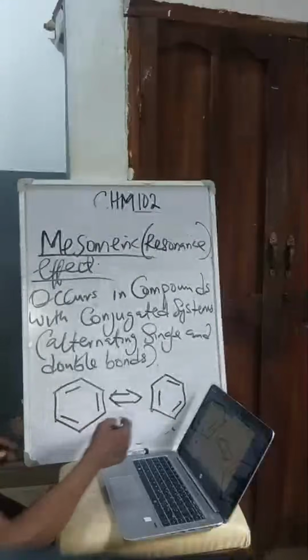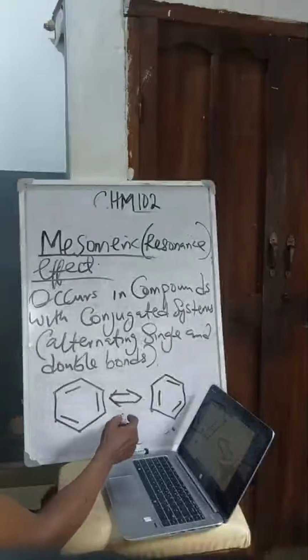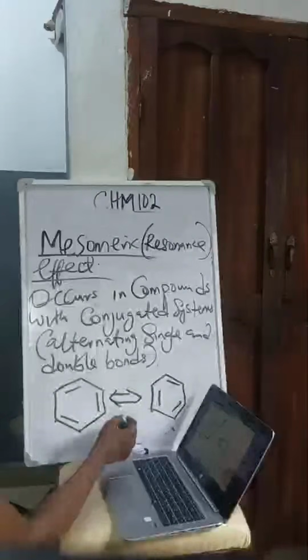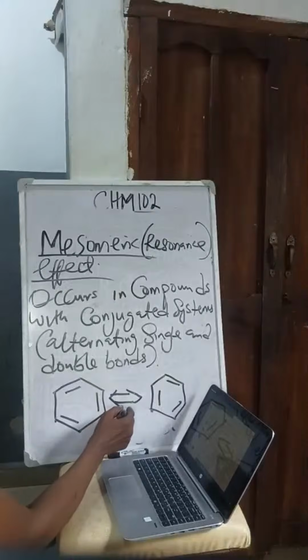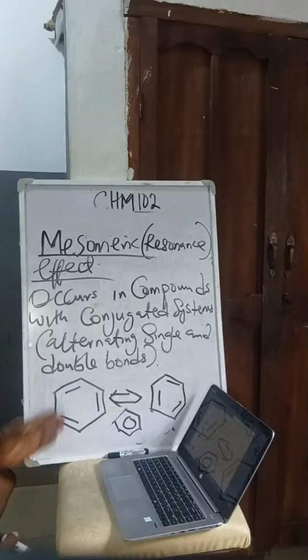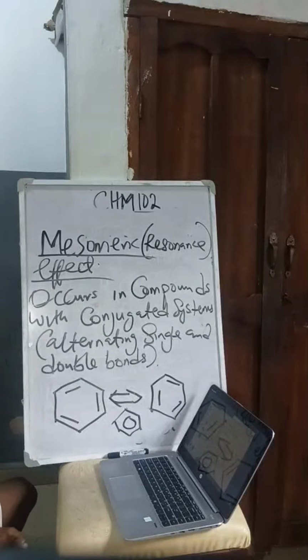So finally, this can resonate because it can be expressed like this or like that. And this can also be in this form. Yes, this is the structure of benzene.